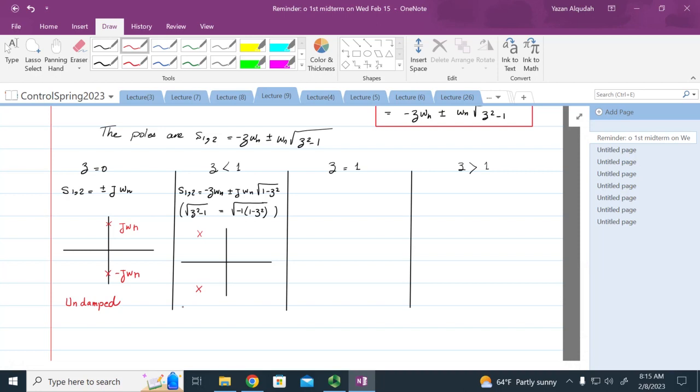The real part of them is negative zeta omega n. The imaginary part is omega n square root of 1 minus zeta squared. And we're going to call this case underdamped. Again, if zeta, the damping ratio, is less than 1, we're going to call it underdamped.